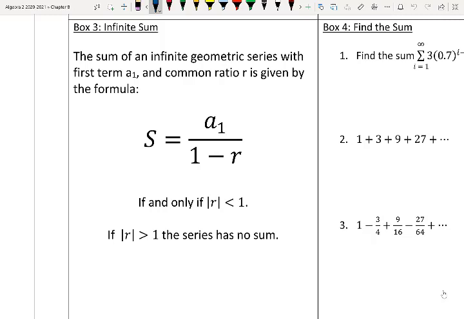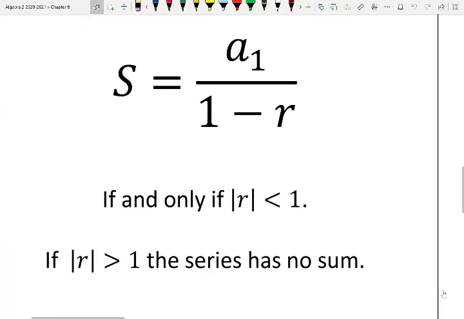The only thing we need to know, since our sum is infinite, is that we don't need to know how many terms it is. We don't have an n value because it's just infinity. So all we really need is my first term and my multiplier, right? The stipulation here is that this only works if your multiplier, your r value, is less than 1.